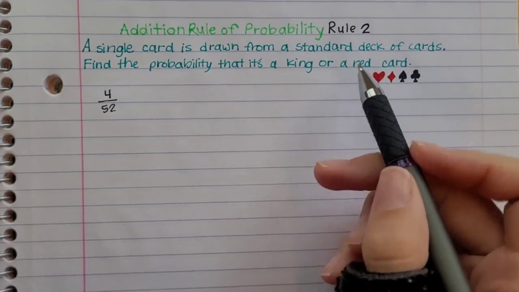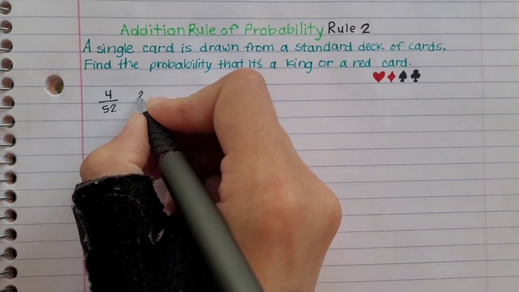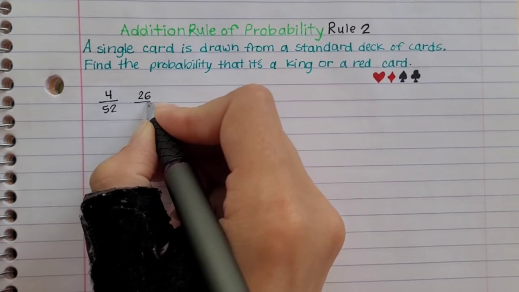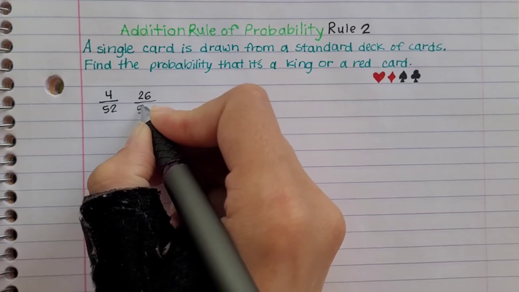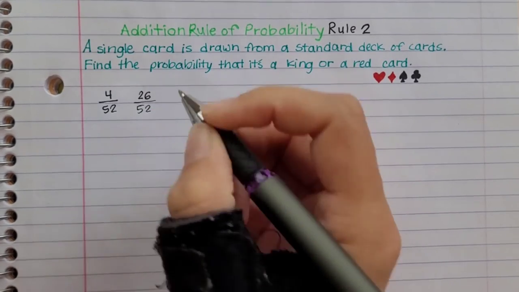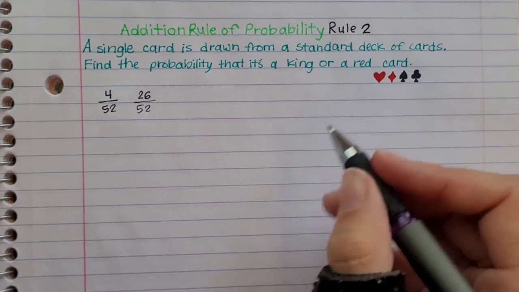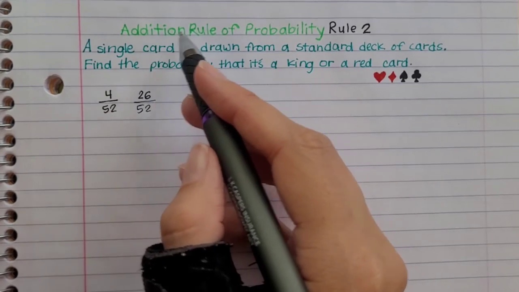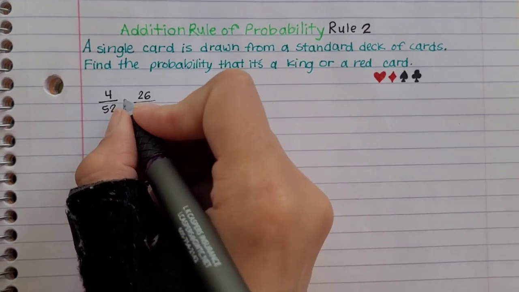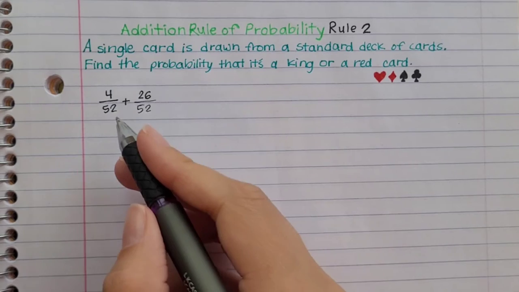So 26 of our cards are going to be red. So we have a 26 over 52 chance of drawing a red card. So in the addition rule of probability, we would simply add these two fractions together.